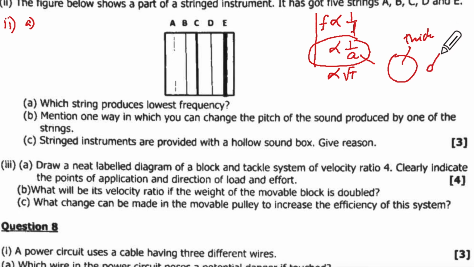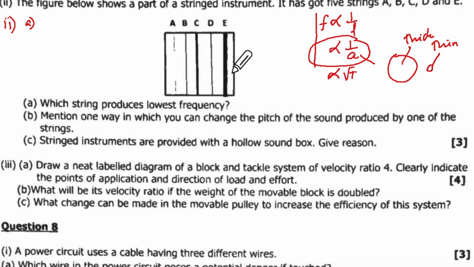The area of cross section is less, which means it is a thinner wire. Did you understand this? Yes, ma'am. They are saying lowest frequency, so the area must be more, because frequency is inversely proportional to area. That means the wire should be thicker.